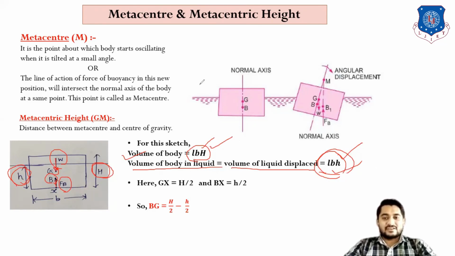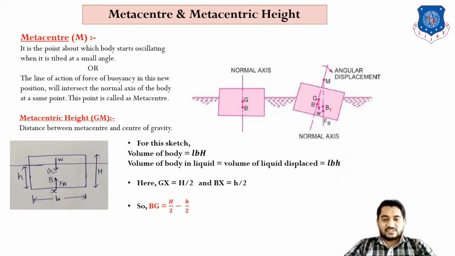Here, as per this sketch, the distance between this G and the bottom X is equal to capital H by 2, because CG always lies at the center for a cube or rectangular body. So GX is equal to capital H by 2, and the center of buoyancy always lies at the center of the body immersed inside the water.